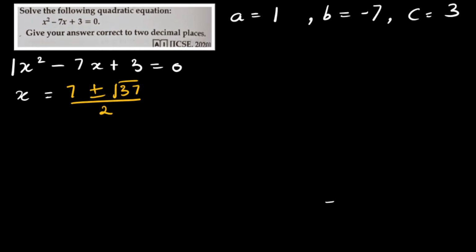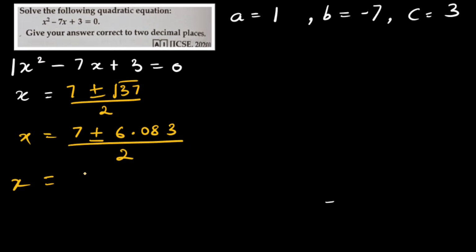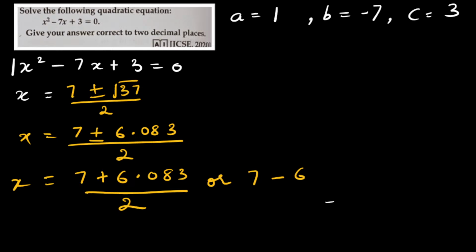Okay, so 7 plus minus 6.083 by 2. So here we can write x is equal to, so both the values, 7 plus 6.083 by 2 or 7 minus 6.083 by 2.